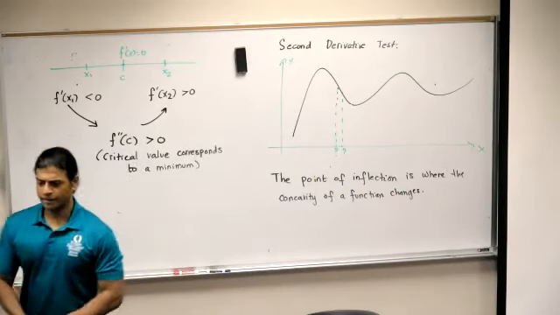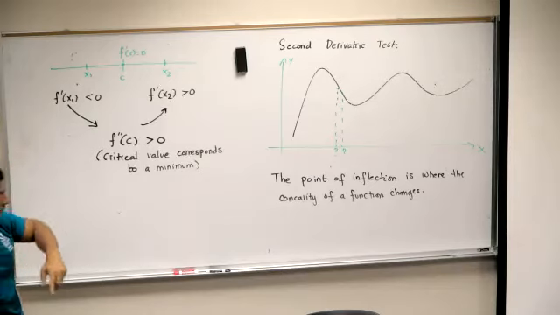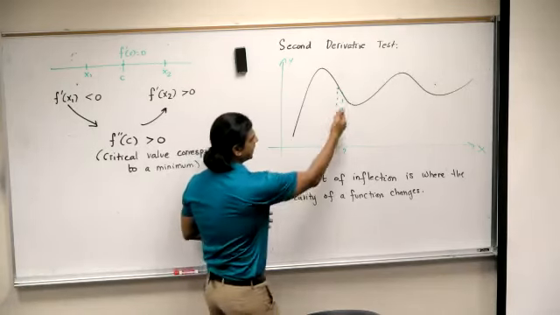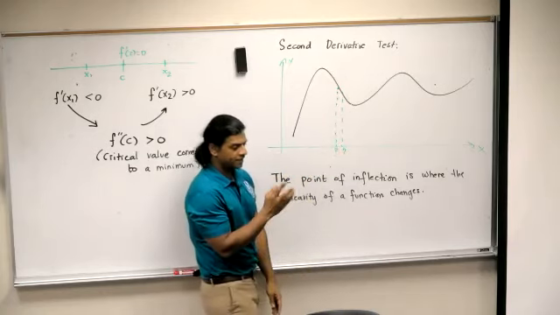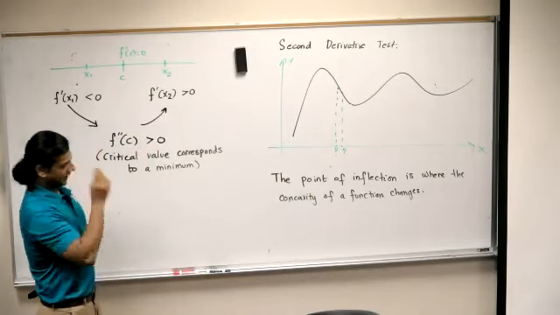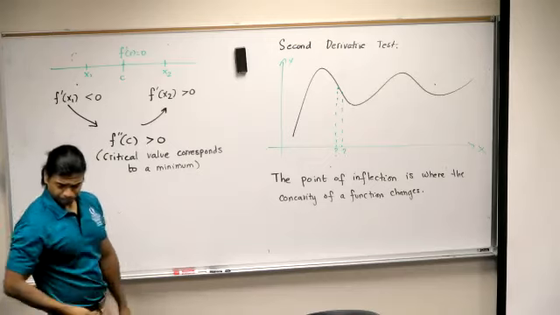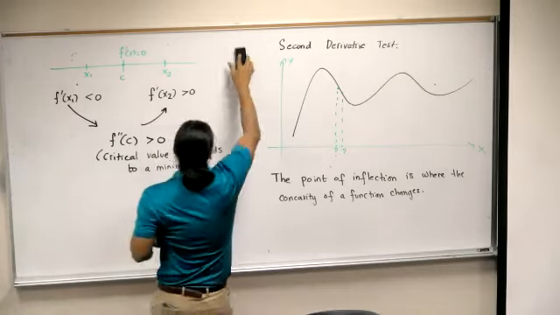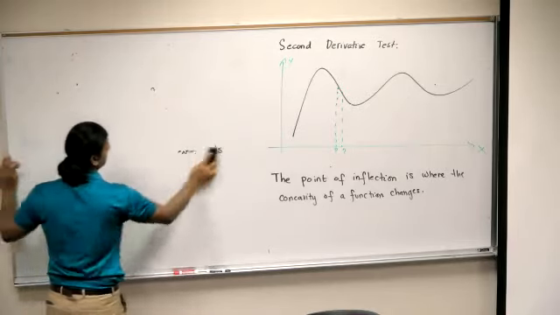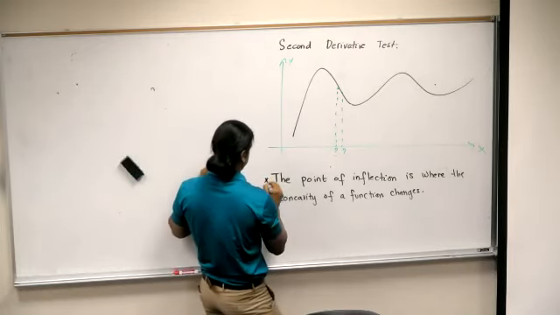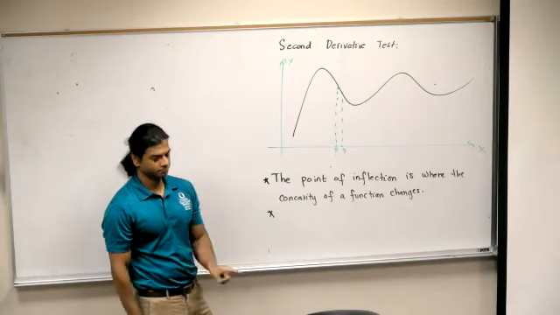So it would either go from down to up or up to down. Geo said it's going to be somewhere here, but we just don't know where. But what is going to tell us the exact location of that point of inflection? The second derivative. In some cases, just like the critical value, the point of inflection may not exist.